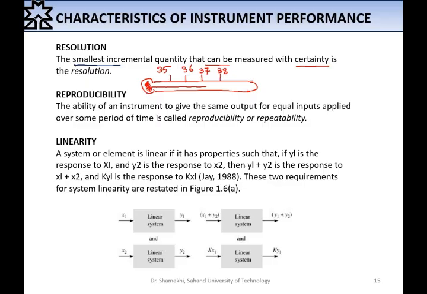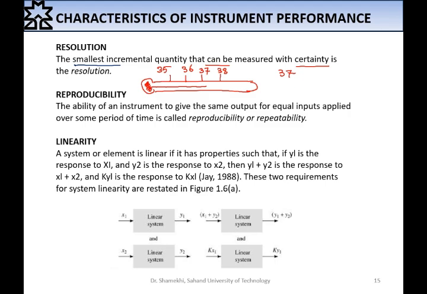If our thermometer only has these numbers, these gates, we can only say the temperature is higher than 37, not more.